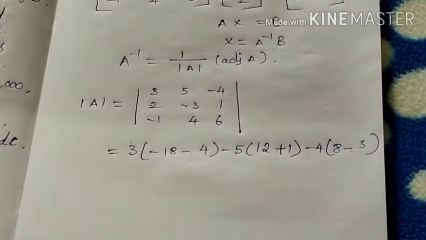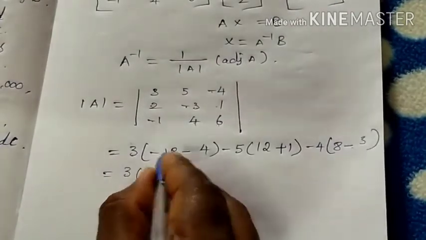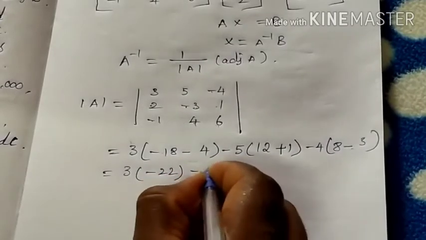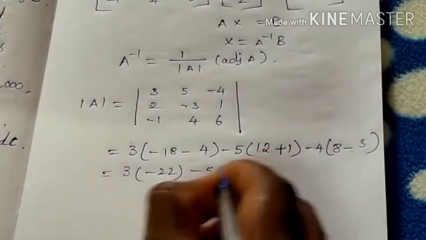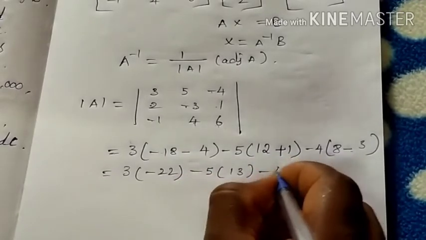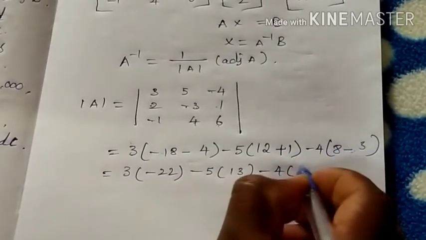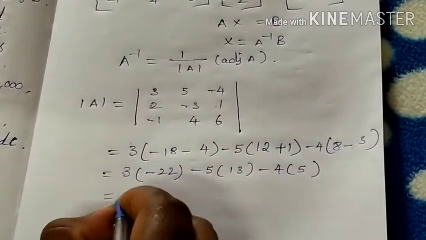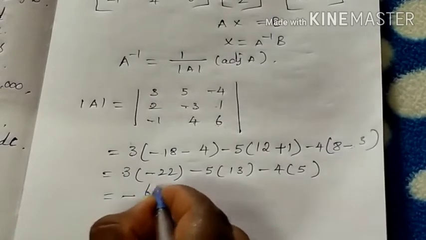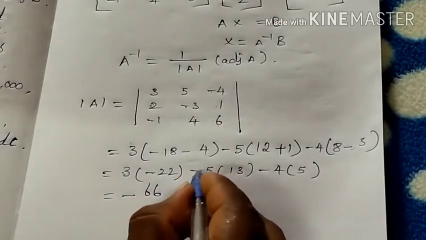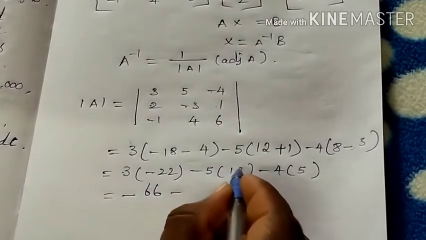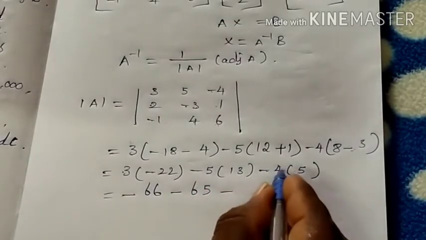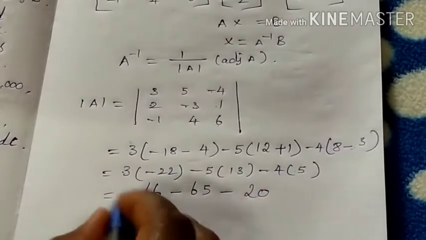That's all, which is equal to 3 into (-18 - 4, totally -22), minus 5 into (12 + 1 = 13), minus 4 into (8 - 3 = 5). Which is equal to 3 into -22 = -66, minus 5 × 13 = -65, and minus 4 × 5 = -20.